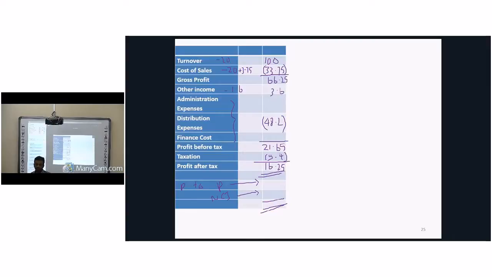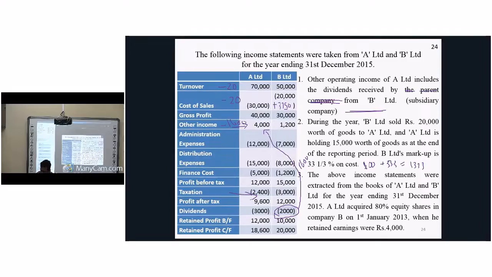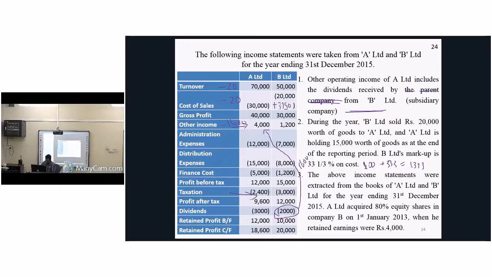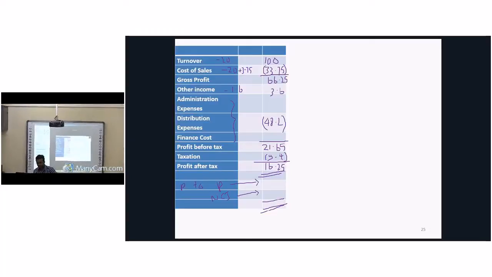Anybody who is online? Just try, people who are online, calculate profit attributable to parent and NCI, just to see whether you can do it.